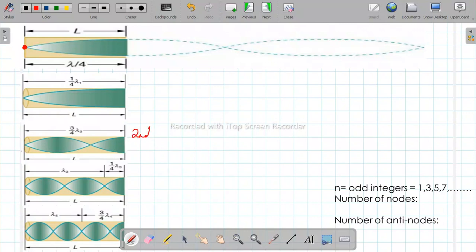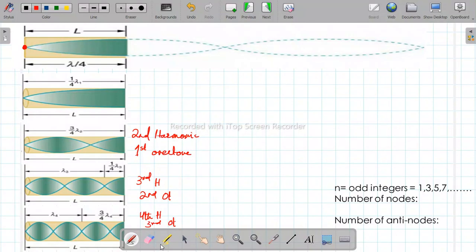This is what we call the second harmonic, or we can also call it the first overtone, right? Then the next possible combination is the third harmonic, or second overtone. Another possible combination is the fourth harmonic, or third overtone.